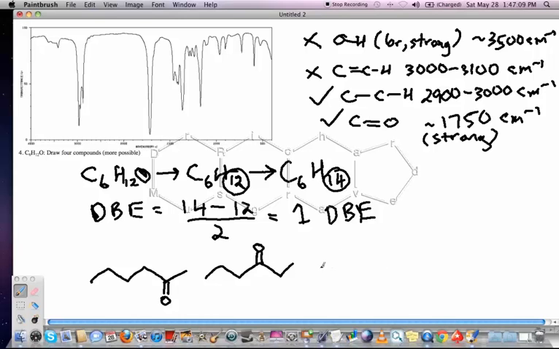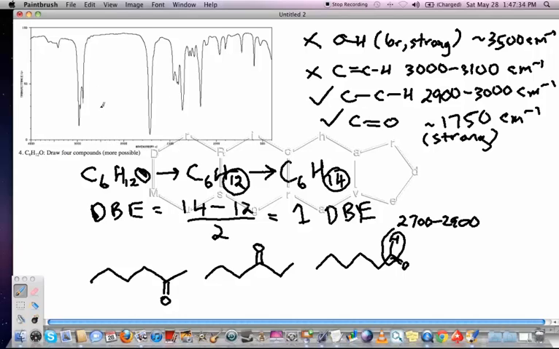So the only other thing we can do now, well, you might think about putting the C double bond O on the end. Well, if we did that, what we'd have then is an aldehyde, and we'd expect to see evidence of this CH stretch connected to a C double bond O. If you look back in the notes, that's 2700 to 2900, and usually see 2 peaks in that region.